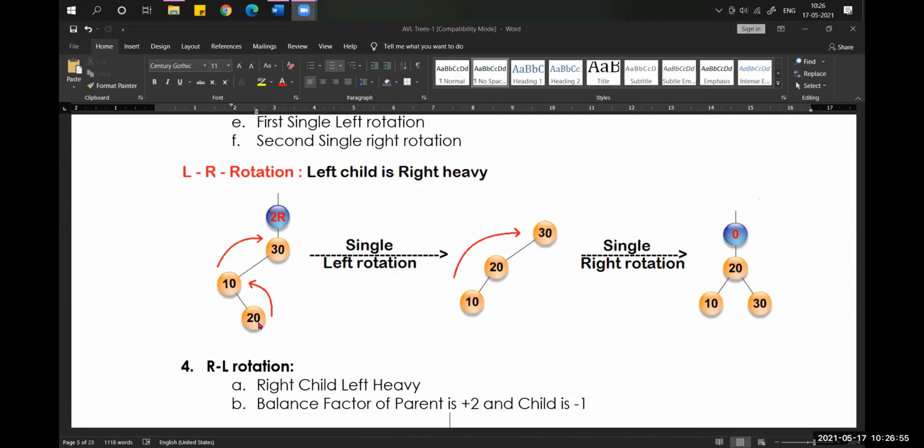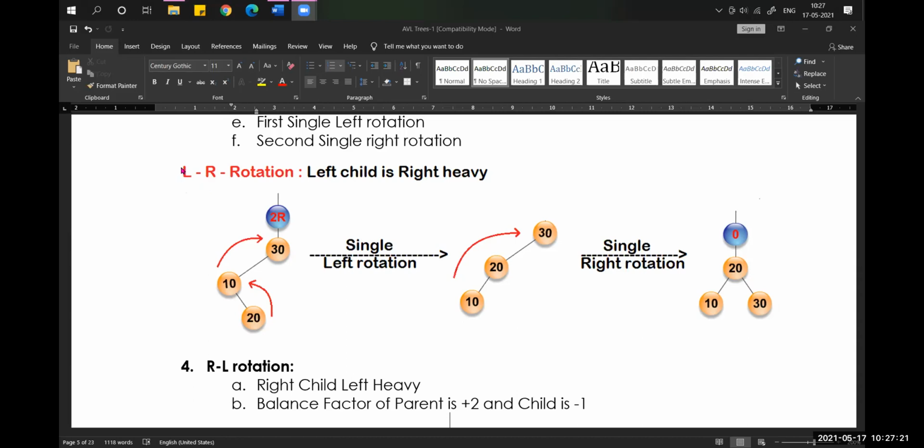And to whom is it heavy? For 10. 10 is the left child. Left child right heavy, like that we are saying LR. So if the tree is like this, what is the solution to make it balanced? First, we have to do left rotation.